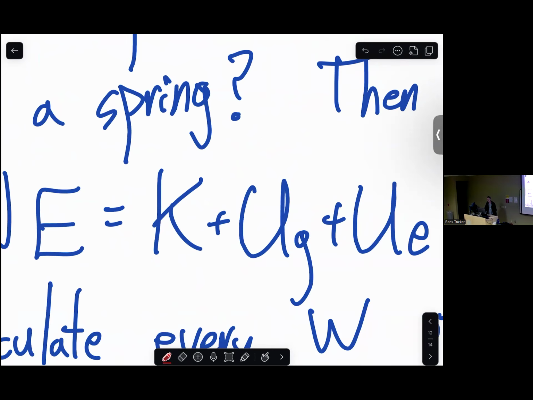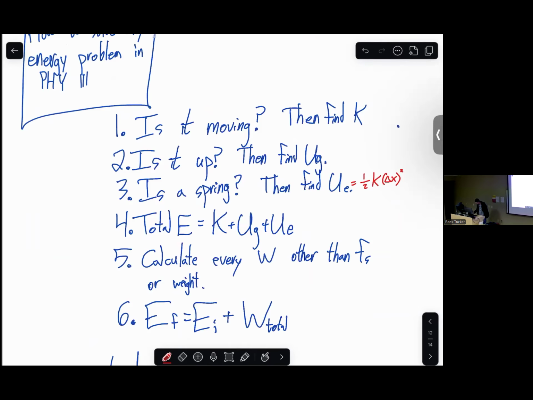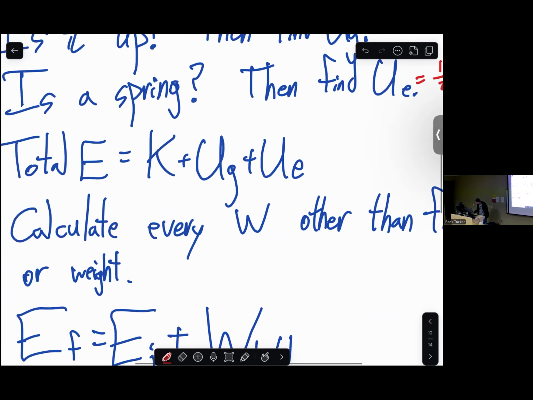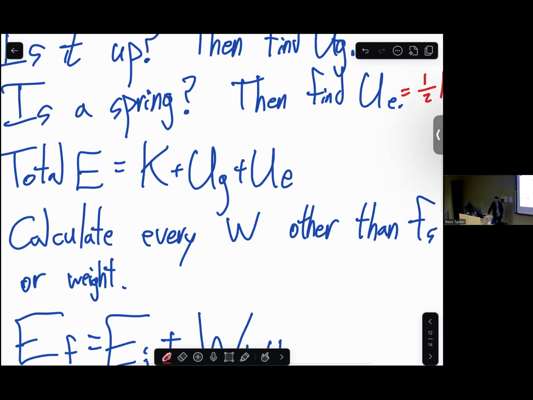Now, in all of what we did, we didn't have external forces that we didn't calculate with. I mean, there was a spring force, sure, but we already accounted for that. There's a gravity force, sure, we already accounted for weight, right? If there are other forces that are doing work, calculate the work done.